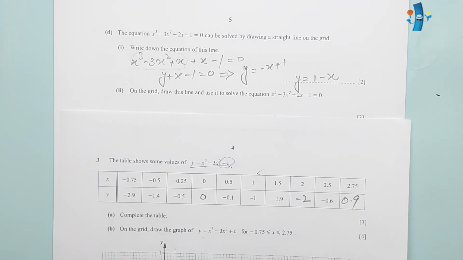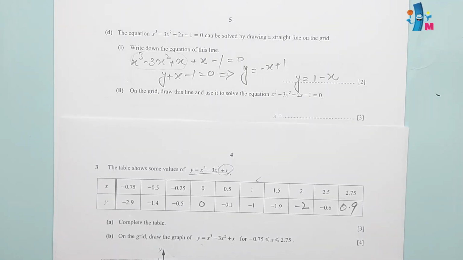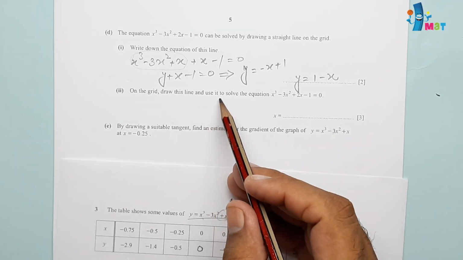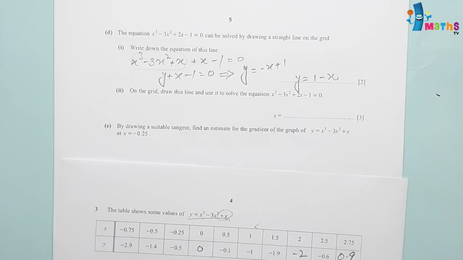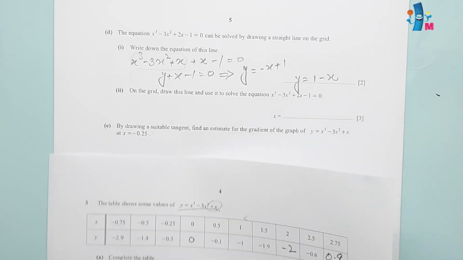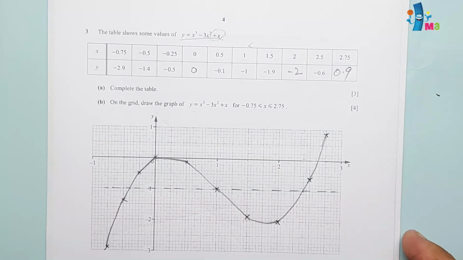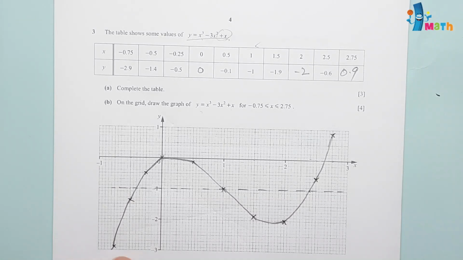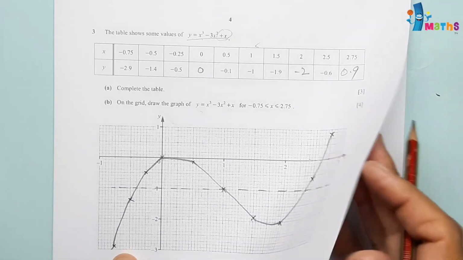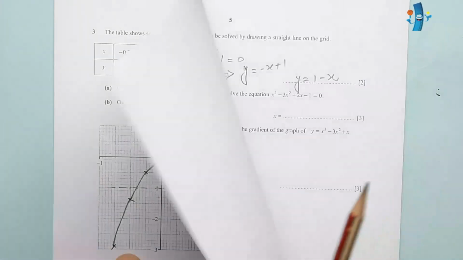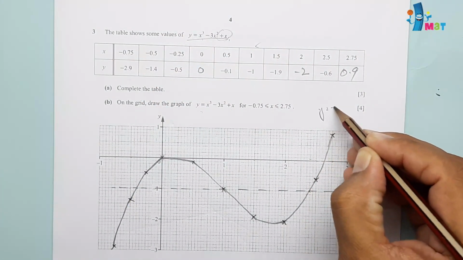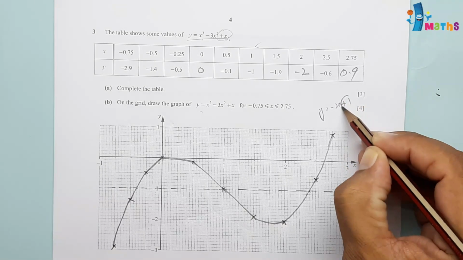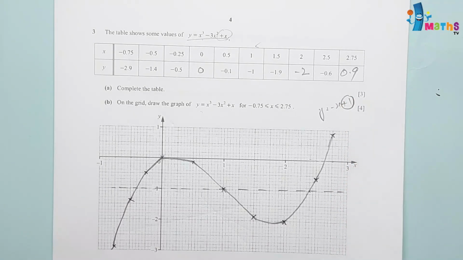Then on the grid, draw this line and use it to solve the equation. So y is equal to 1 minus x or minus x plus 1. On the same grid we will be drawing the equation. So our equation is y is equal to minus x plus 1. If you see, this is the y intercept.